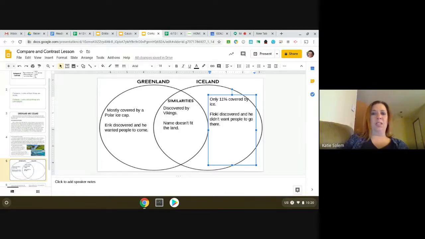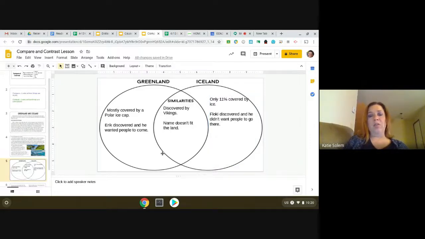He said, "Oh, it's covered in ice. It's not a very good place to go." So by using the Venn diagram, you could show what were things that were just true about Greenland, what were some things that were just true about Iceland, and what were some similarities between the two.